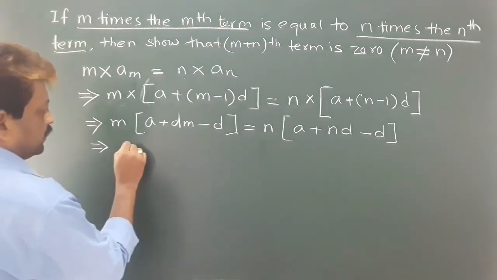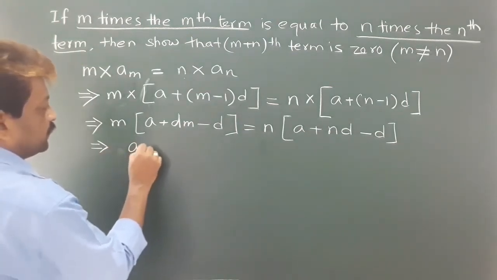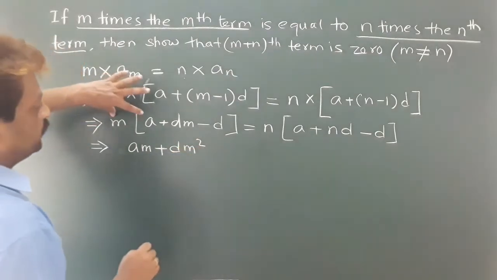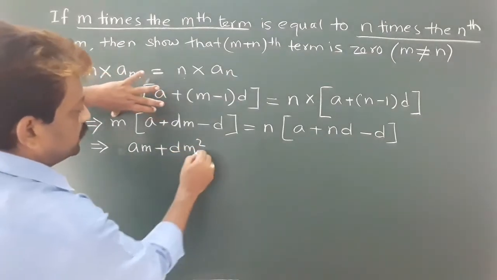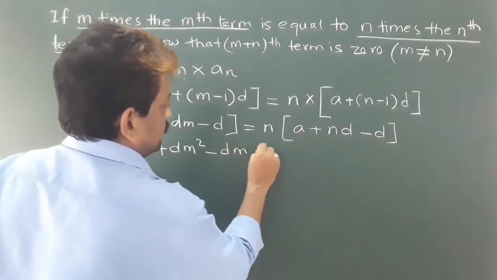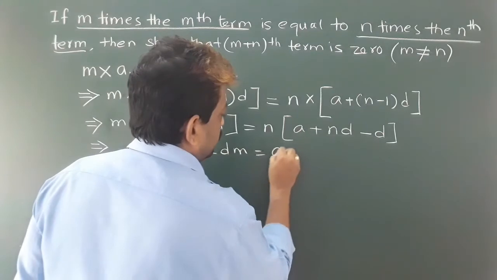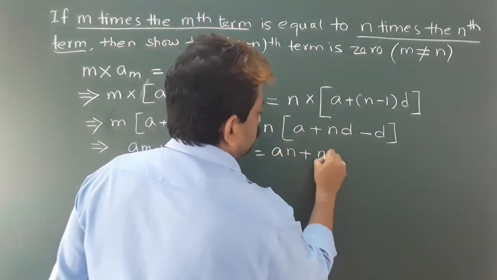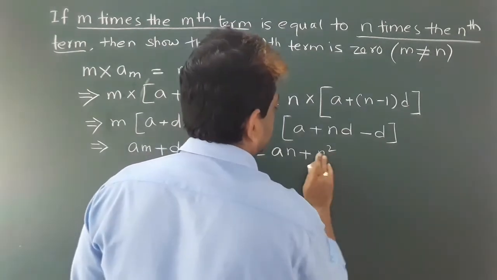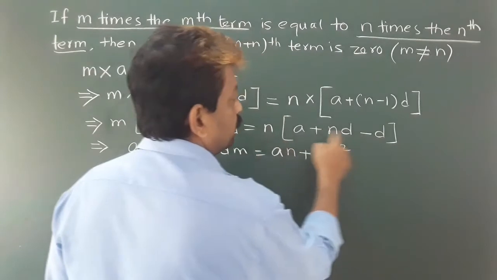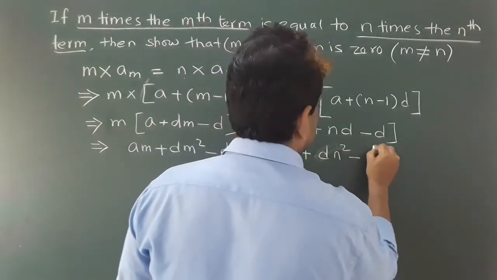This is am plus dm square: m into a is am, m into dm is dm square, m into d is minus dm. This side also, n into a is an, n into nd is n square d or dn square, and n into minus d is minus dn.